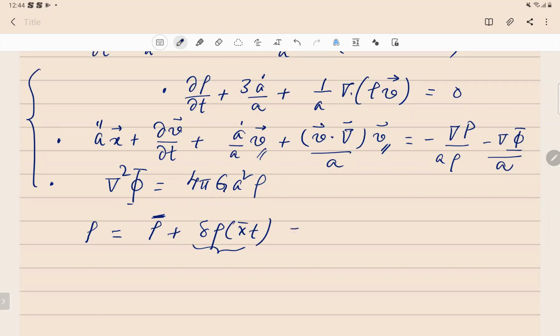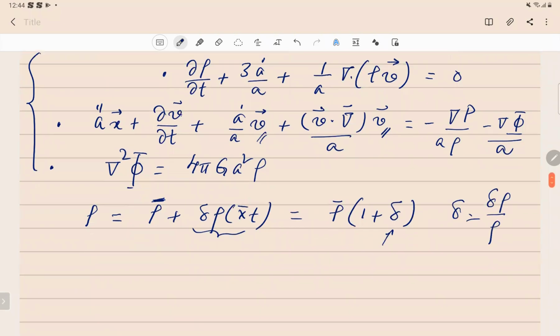So we usually write it in terms of what is called a density contrast. So we write this as ρ̄(1+δ), where this δ is δρ/ρ̄. So this is called the density contrast, a quantity of profound importance in our analysis. And we shall see what this does. So this is basically a fluctuating field, okay, which is on top of the background ρ̄, and that gives you the density of the cosmological fluid.